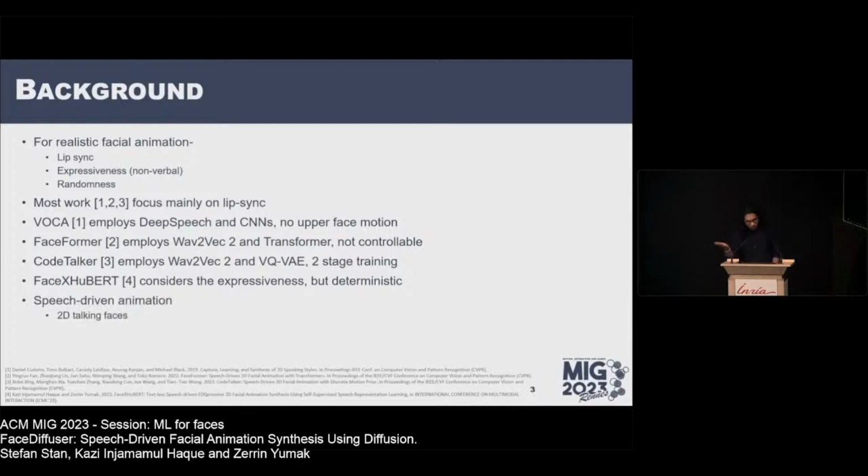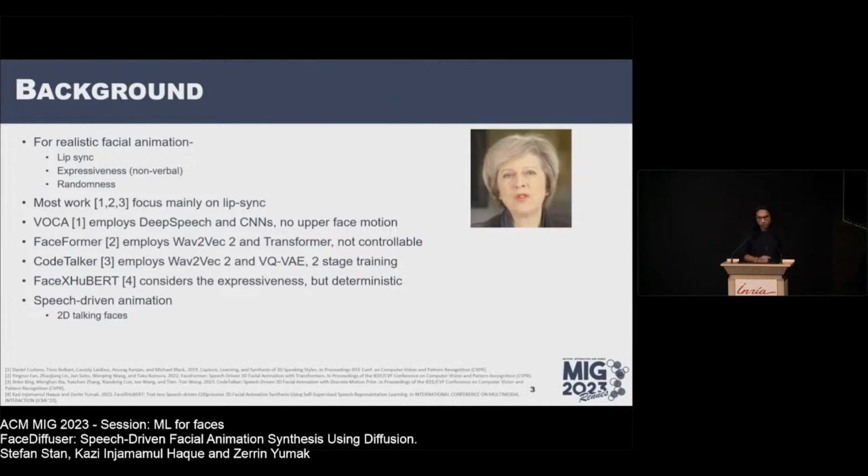Before going into more detail, I really want to make a clear distinction between two categories of speech-driven animation, because at times when I'm talking with peers, they bring up Diffused Head, for example, which is a 2D talking face. The first is this 2D talking face, or 2D talking heads in some papers, that looks like this. The animation data that is generated is already rendered.